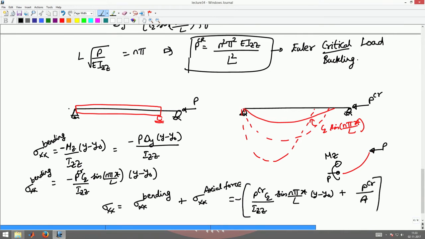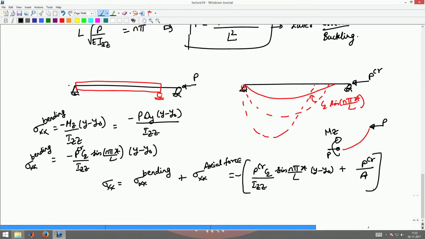Now, I can write Izz as A times r square, where A is the area of cross section and r is the radius of gyration.